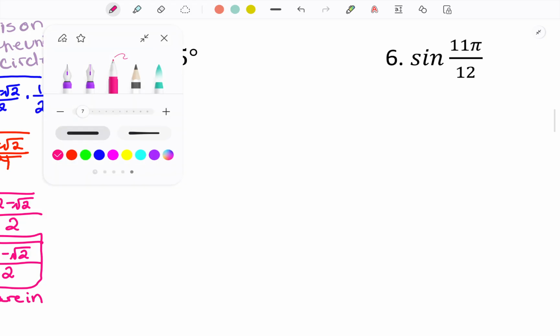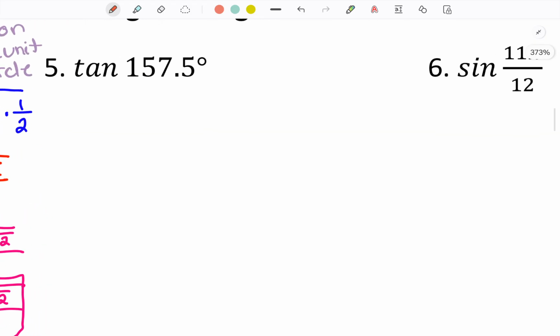All right, so then for our tangent, we have the 157.5, and we are going to go ahead and make that the equivalent fraction. So we will have the tangent of 315 over 2. Okay, so we are using that 315 in our identity.